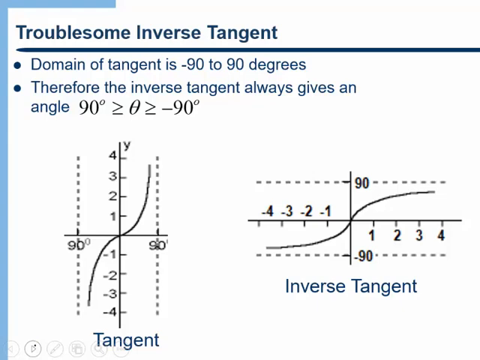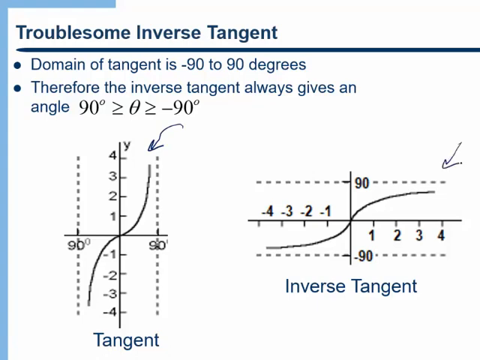I want to remind you of the graph of tangent. A few slides ago we reviewed what the graph of sine and cosine look like, but we didn't talk about tangent. Remember that the tangent goes from negative infinity to infinity over that range of negative 90 to 90 degrees. If the tangent looks like this, then the inverse tangent looks like this.